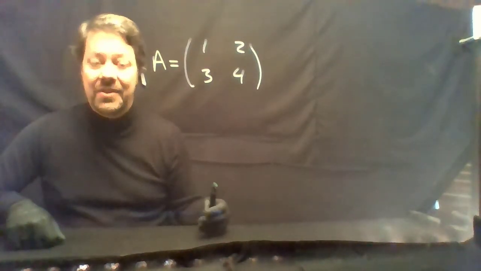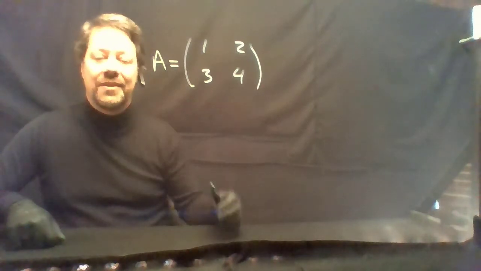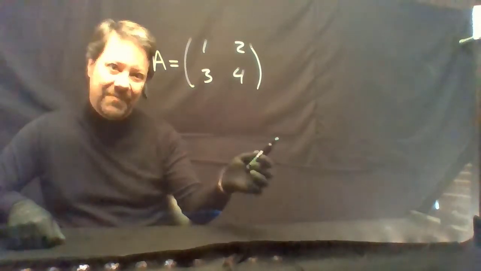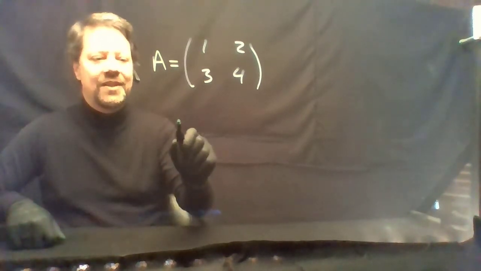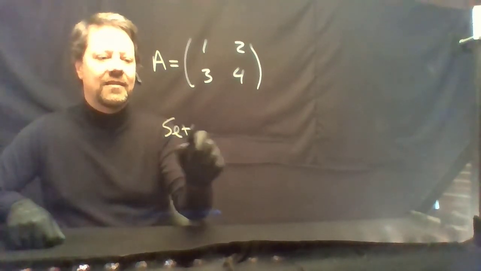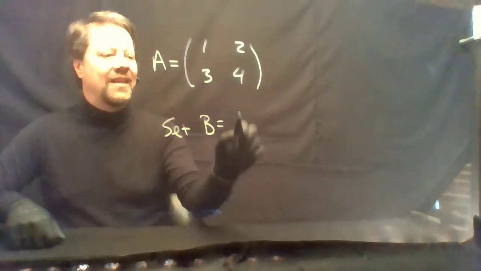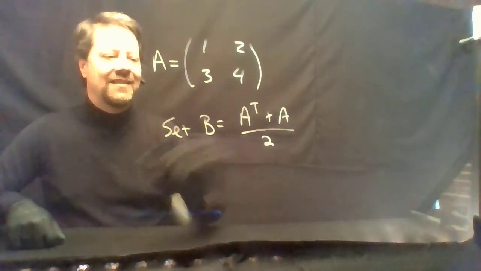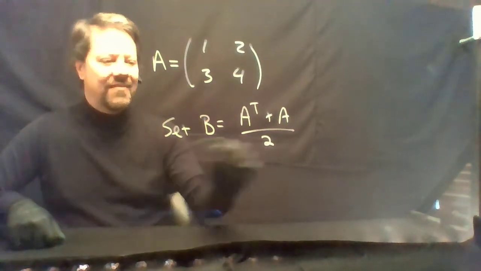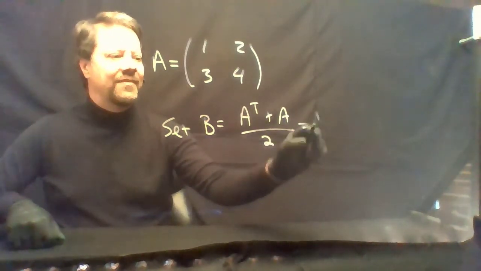Now I said that every square matrix can be decomposed into the sum of a symmetric matrix and a skew symmetric matrix. I'm going to show you how to do that. Suppose I set B equal to A transpose plus A, divided by 2. What do I get?